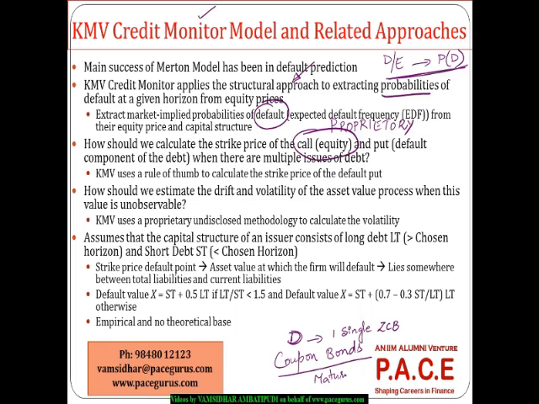Can I use this kind of a model? Now this is where instead of using this D or this K, which is the face value of the debt at the maturity T as the strike price, they came out with a different mechanism to compute the strike price. They were not willing to use the single zero coupon bond face value as the measure of the strike price for the call option.